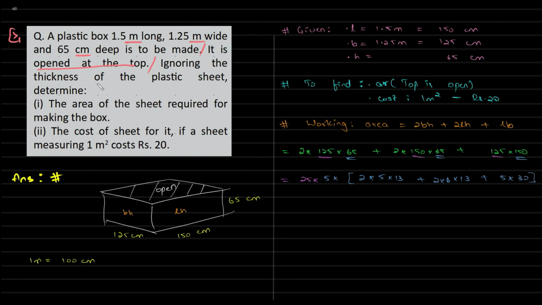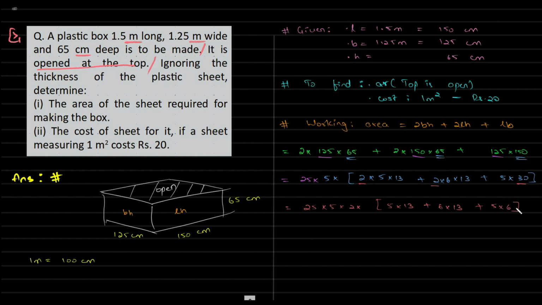And now again check if there is anything common. We have 2, 2 and 2. So this will be 5 into 2, that is 10. 10 into 25 is 250. Or let me not confuse you guys. I'm taking 2 common. 5 into 13 plus 6 into 13 plus 5 into 6.